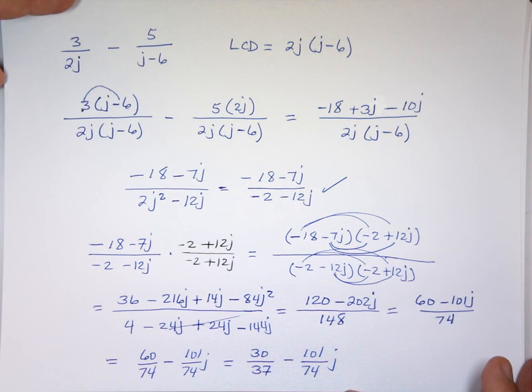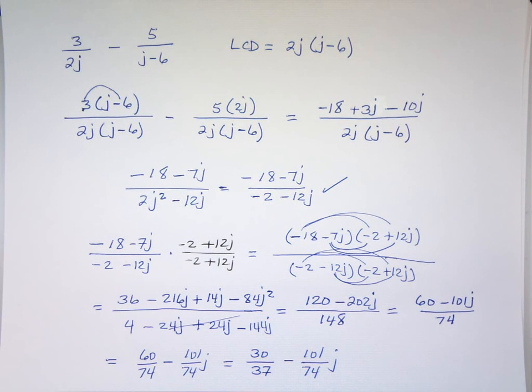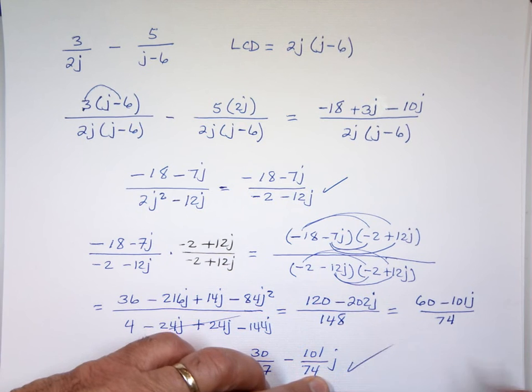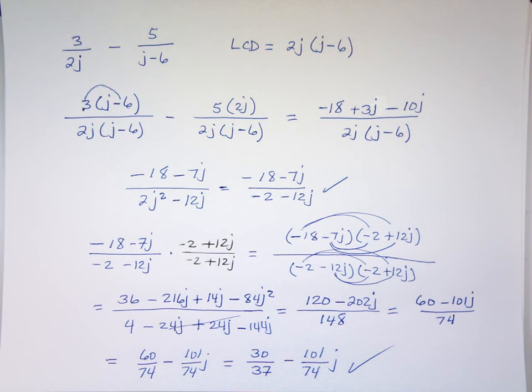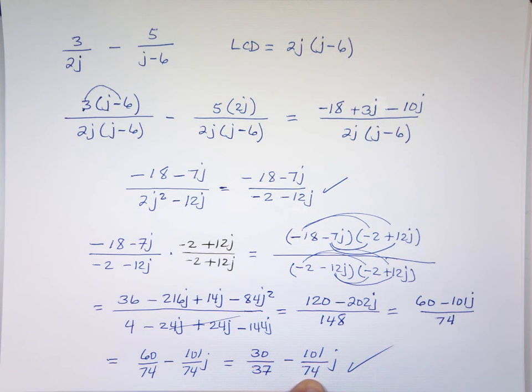I'm not sure how far they want you to go with it, but you can shrink it to this. If you want to rationalize it or write your answer as a complex number, then you have to use the complex conjugate, and there's your answer.